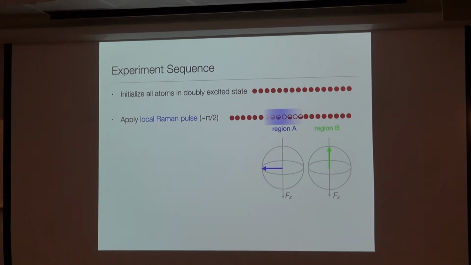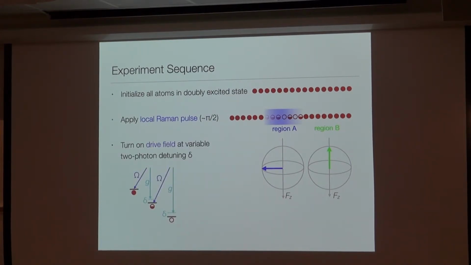And then locally make a region where we have fewer spin excitations, so apply a Raman pi/2 pulse in some region of the cloud. Now the question is whether we can see excitations from this fully excited region hop into the region where we've depleted the spin excitations.